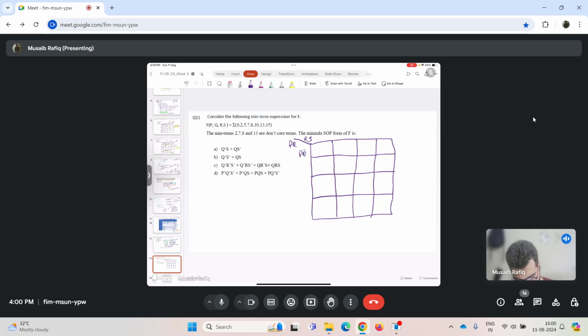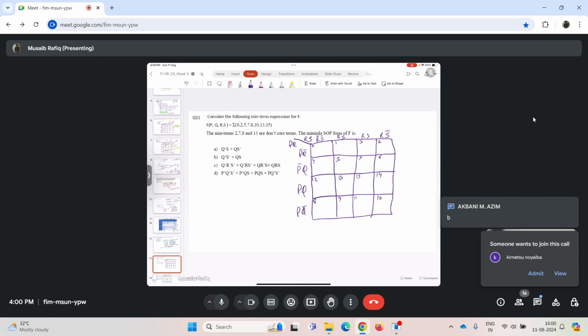So this will be P bar Q bar, this will be P bar Q, this is PQ, and this is PQ bar. Then we have R bar S bar, R bar S, RS, and RS bar. This is 0, this is 1, this is 3, this is 2, 4, 5, 7, 6, 8, 9, 11, 10, 12, 13, 15, 14.